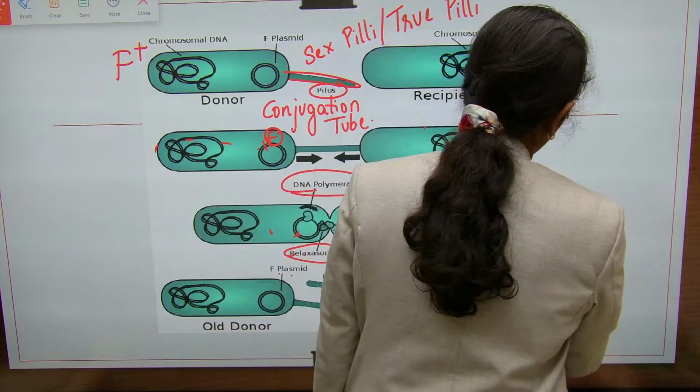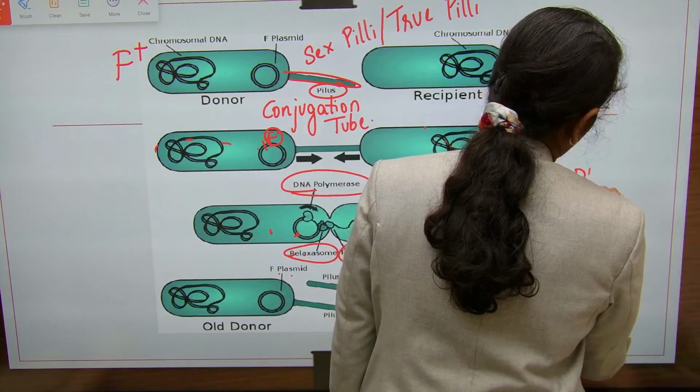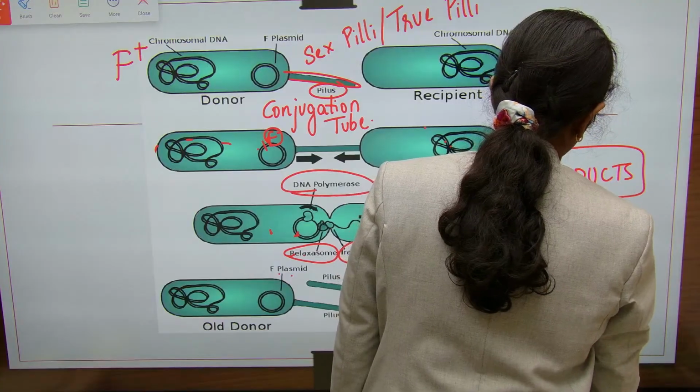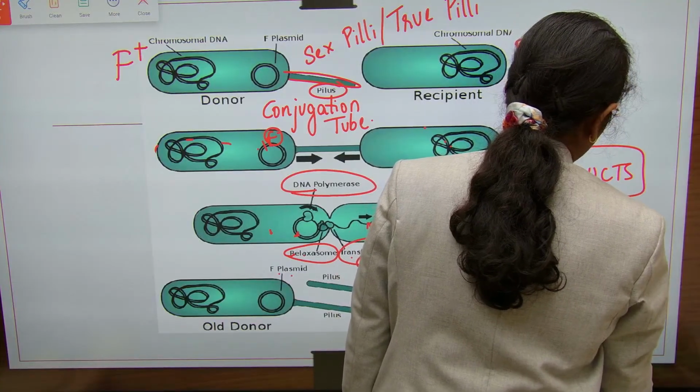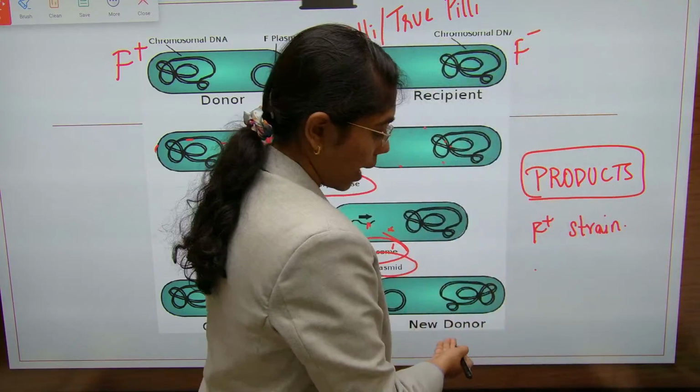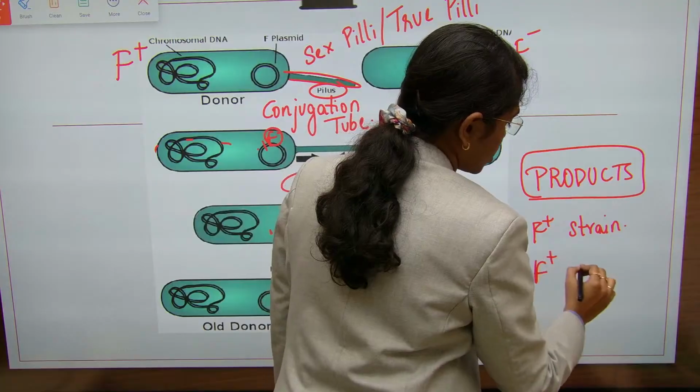And in the products, if you observe, one will be F plus strain and the other also at the end will be F plus strain.